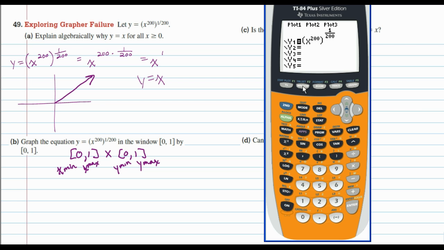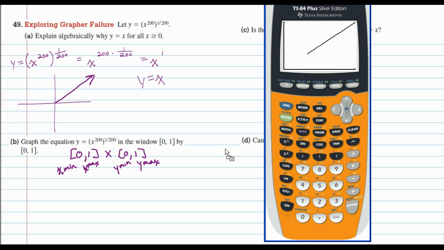Now let's see, I have a specific window I need. My x min is going to be 0, my x max is going to be 1. My y min is going to be 0. My y max is going to be 1. Graph. What?